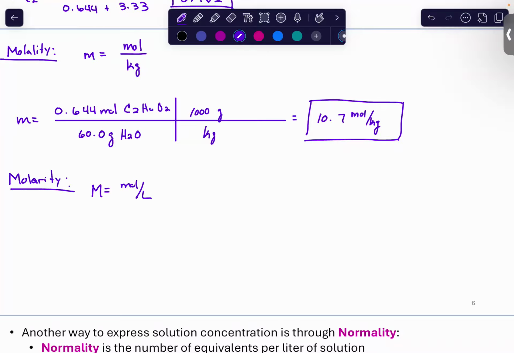Whole solution. Now I don't have liters of solution. I have an assumed grams of solution. Now I will tell you another conversion that I used is that one. You could also use 1 liter as 1,000 cubic centimeters if you wanted to. Just depends on which one you remember.